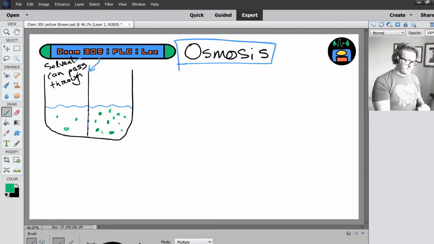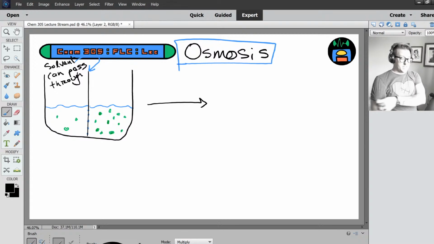All right, just a ton, very concentrated on this side. What happens through the process of osmosis is the liquid, the solvent, flows from the less concentrated to the more concentrated side.